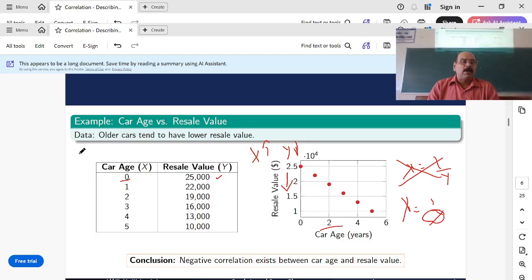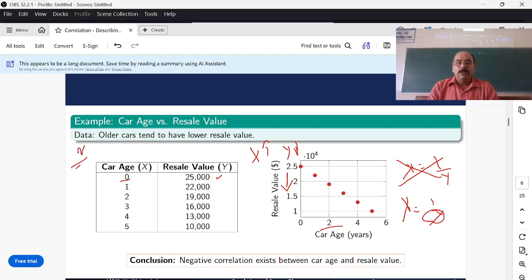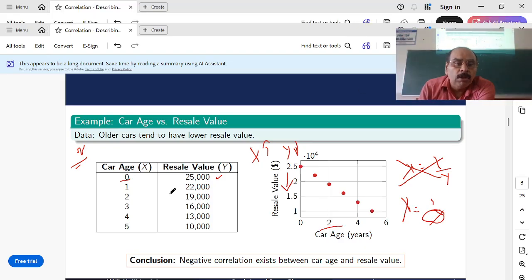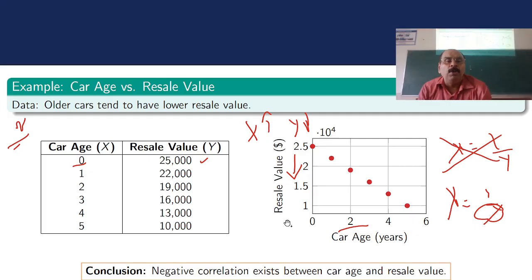What is R for this? So how many of you got -1? R is equal to -1.